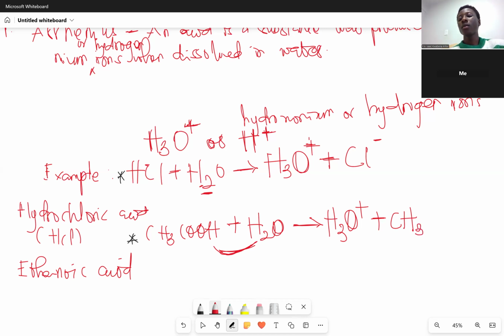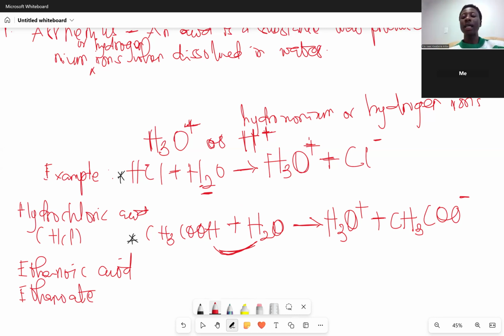CH3COO. Please know that the number here is a subscript. CH3COO. So that's actually the anion. Do you care to know the name? It's called ethanoate. So CH3COO is called ethanoate. But what is happening?